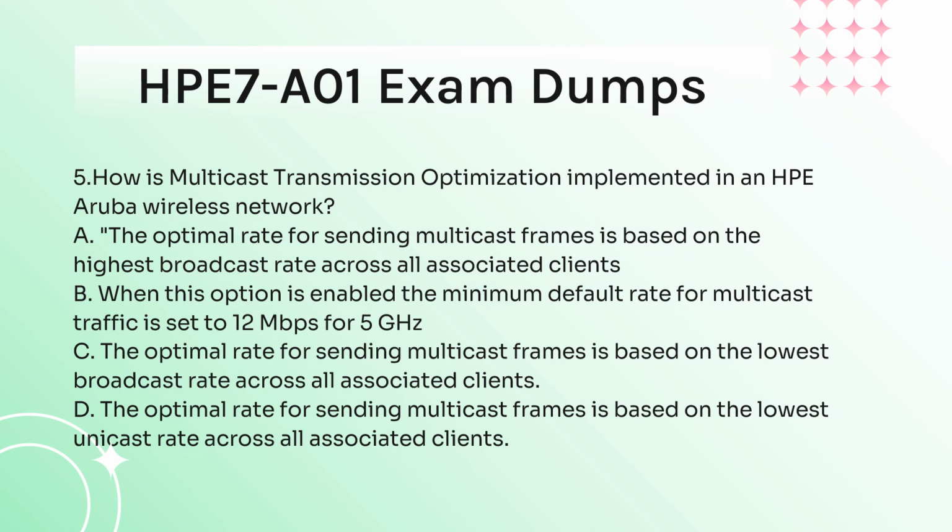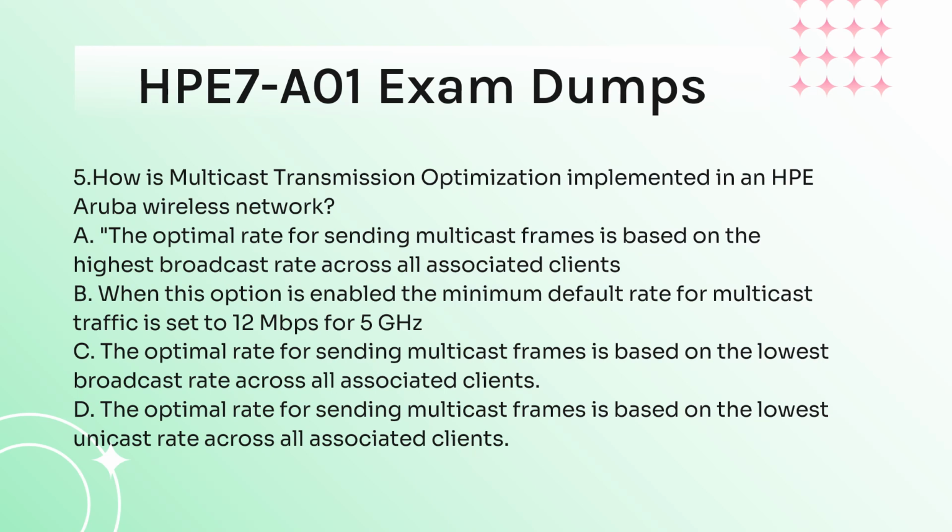B. When this option is enabled, the minimum default rate for multicast traffic is set to 12 megabits per second for 5 GHz. C. The optimal rate for sending multicast frames is based on the lowest broadcast rate across all associated clients. D. The optimal rate for sending multicast frames is based on the lowest unicast rate across all associated clients.